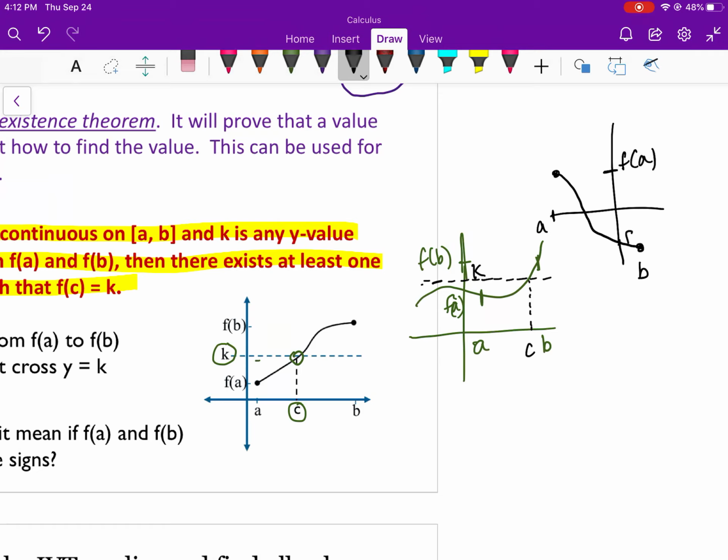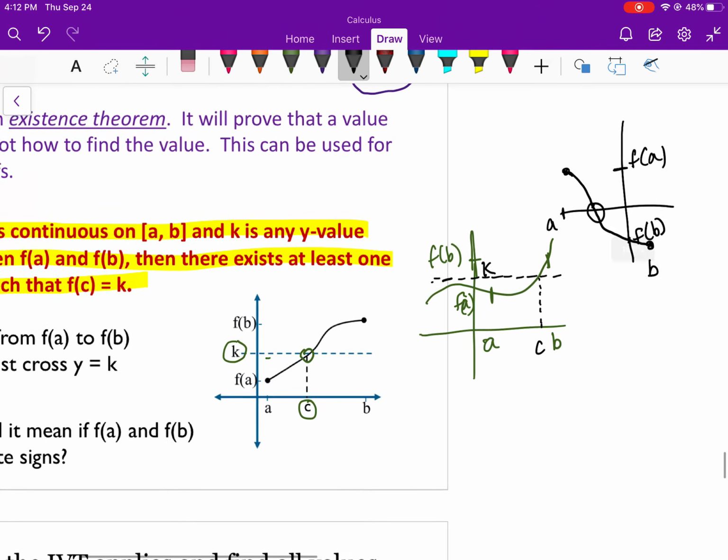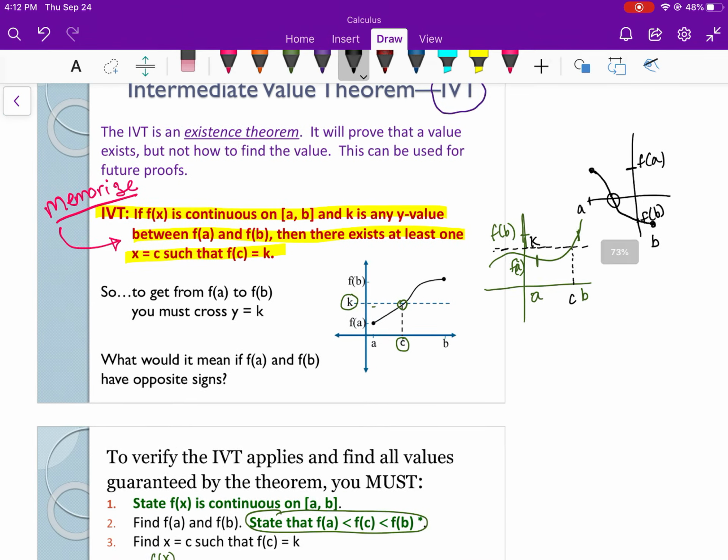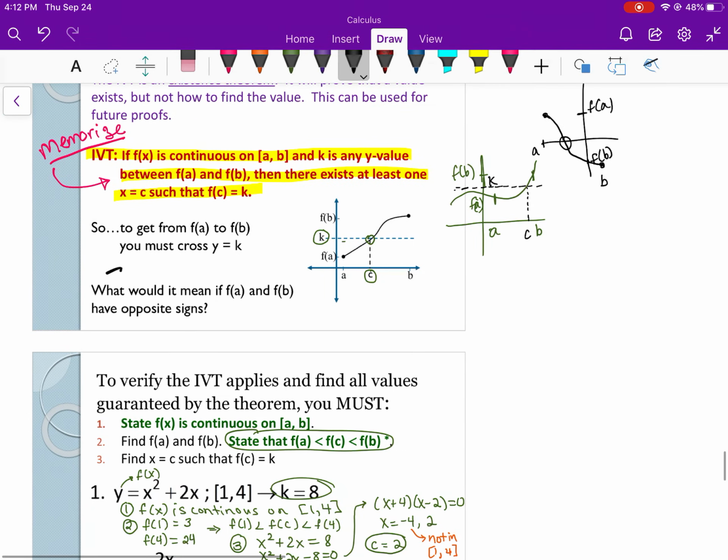This right here would be f of B. And you can see then that if f of A has a positive sign and f of B has a negative sign, my curve crossed the x-axis. So you can use the intermediate value theorem to guarantee that you have an x-intercept or a zero for a function on a closed interval. So there's another side of the intermediate value theorem. All right, and that's what we're talking about here.